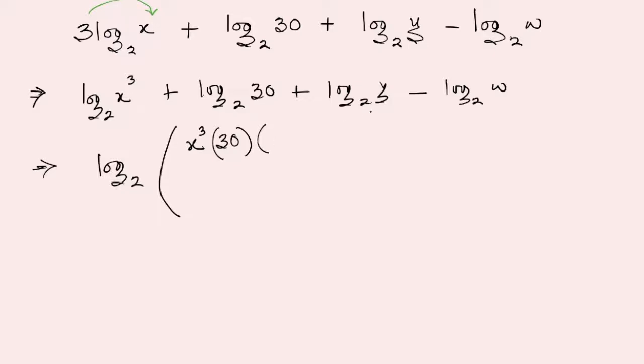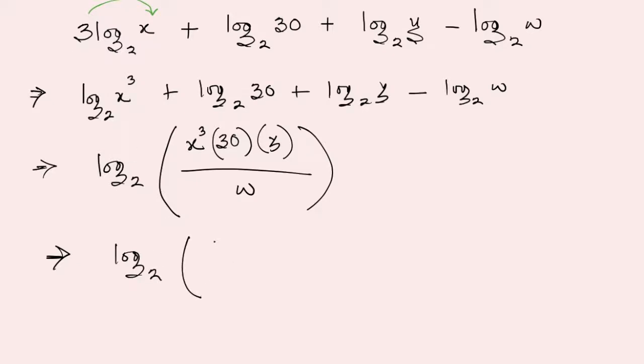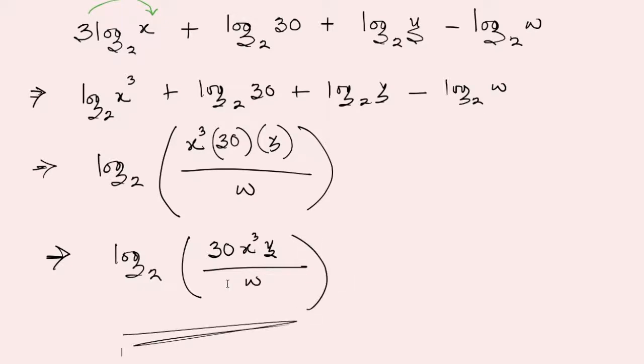There's a positive sign here as well, so this is also y. And for this, there's a negative sign, so it goes to the denominator, and that's w. And so our final expression can be more accurately written as log to the base 2 of 30 x cubed y over w. And that's how you contract a logarithm expression.